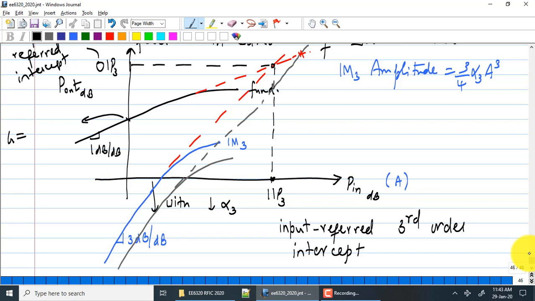That tells you the error in your linear approximation. Now that term should ideally be small, and you will find that it is related to the bias of the device itself. Typically for a MOSFET, it will be related to the VGS minus VT of the device. Please go verify that for yourselves.